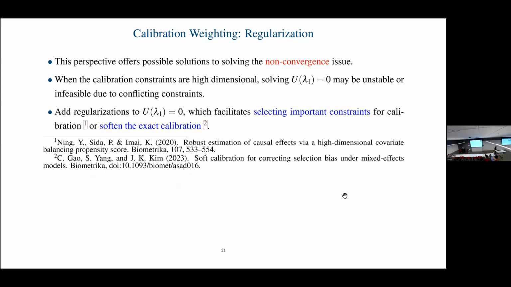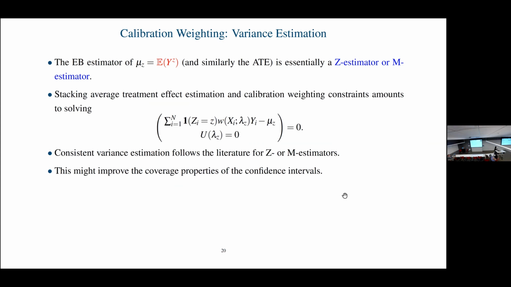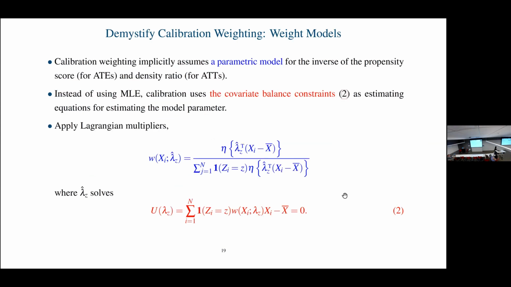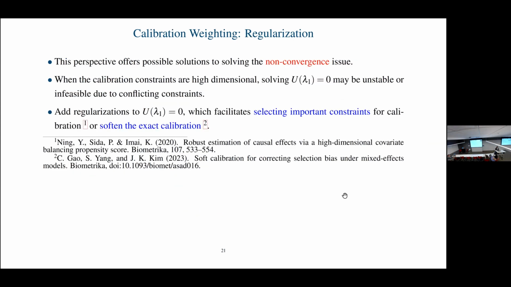Also, this perspective offers possible solutions to the non-convergence issue, because when there's no weight solution, that means the estimating equation doesn't give you a unique solution, or there's no solution at all. But from the estimating equation literature, people know how to solve this problem, right?